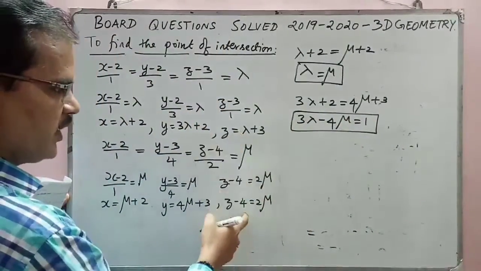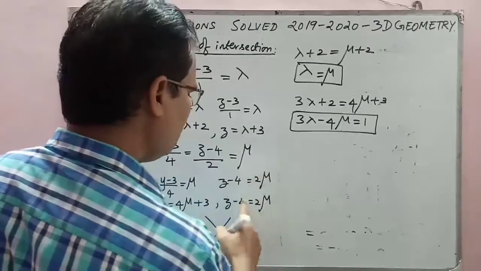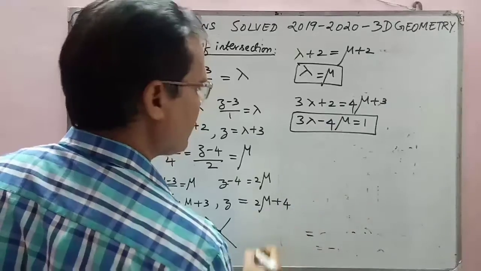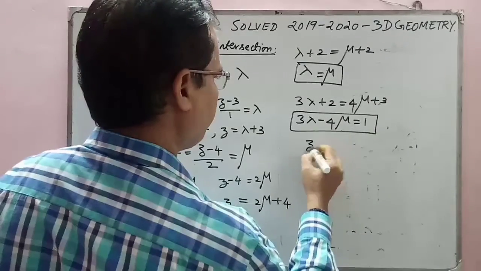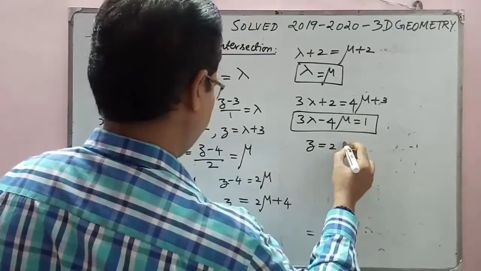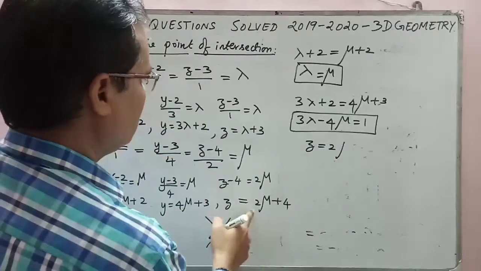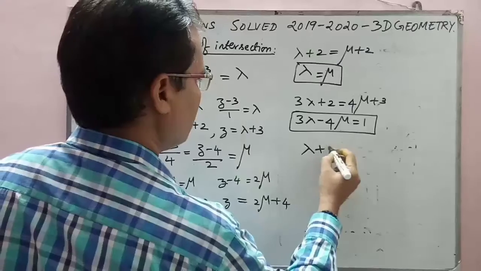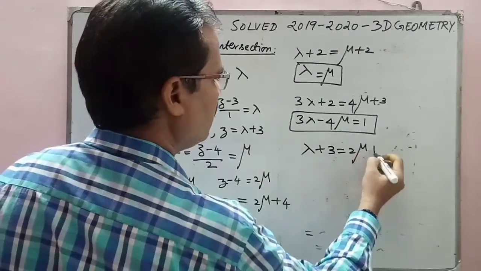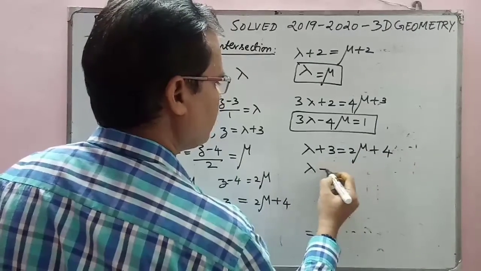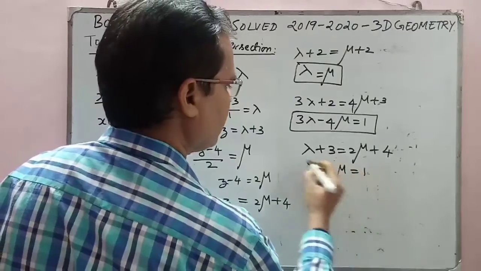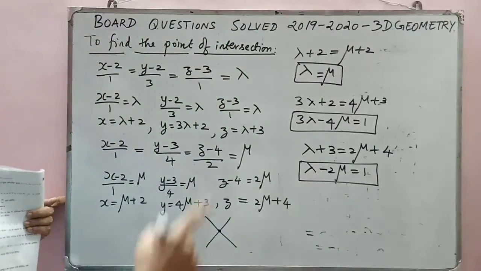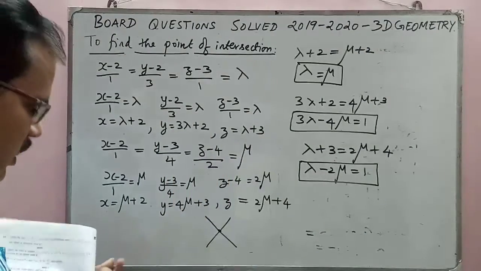The z coordinate has to be the same. Lambda plus 3 must be equal to 2 mu plus 4. Lambda minus 2 mu equals 1. Okay children, we have formed 3 equations. Now we need to solve this.